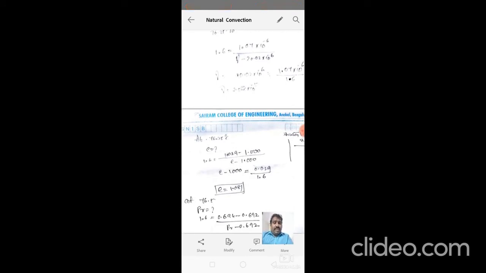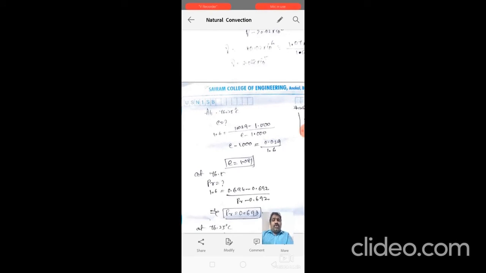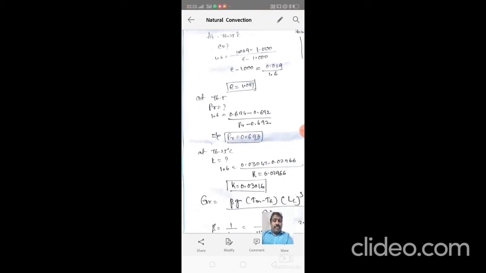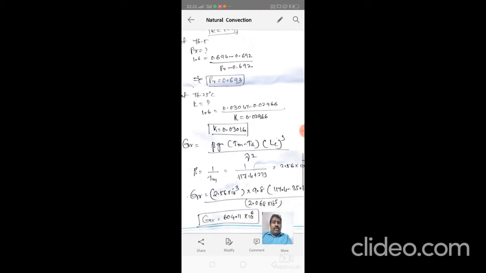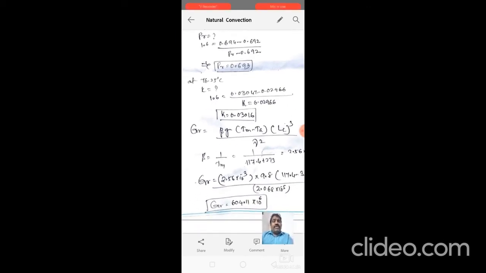Similarly for the density, we calculate it by interpolation: rho is equal to 1.081 kg per meter cube. The Prandtl number also by interpolation: Pr is equal to 0.693, and the thermal conductivity at 76.25 is 0.0316. So these are all properties we get by interpolation at 76.25 degrees centigrade.